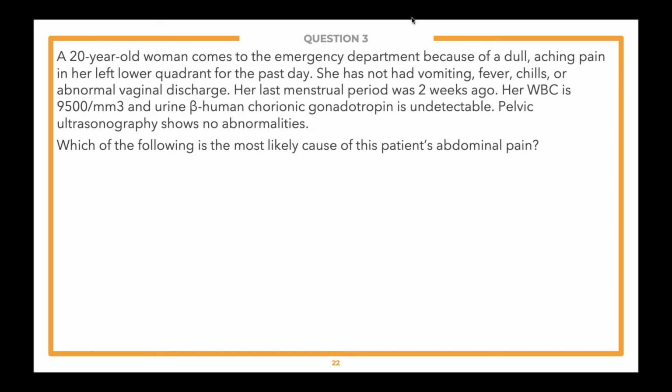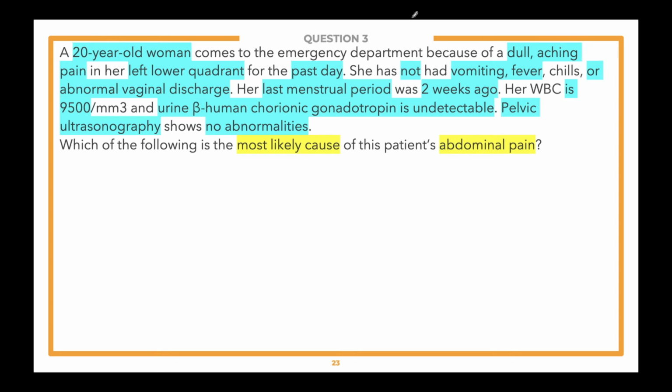Now, in this clinical question, they also give us some negative review of systems. So some pertinent negatives. She's not vomiting, she doesn't have a fever, she hasn't had any abnormal vaginal discharge, things that you would want to think about and potentially rule out when you have a young female with left lower quadrant pain that's acute, okay?